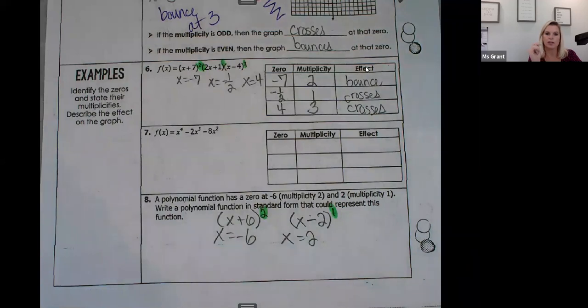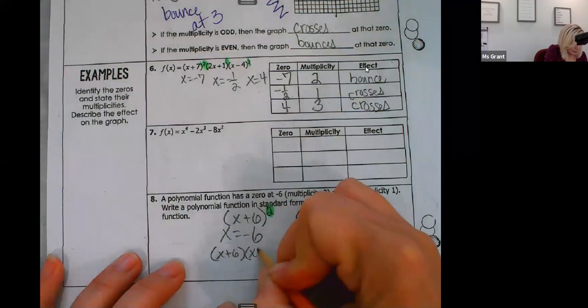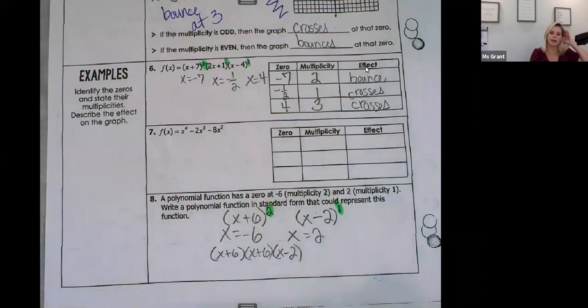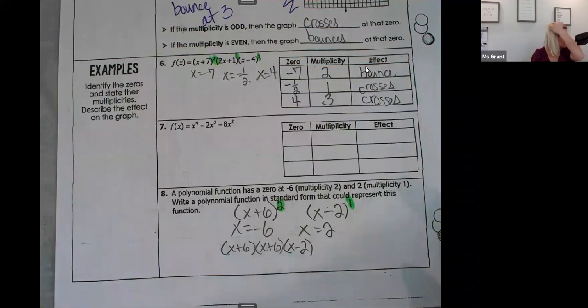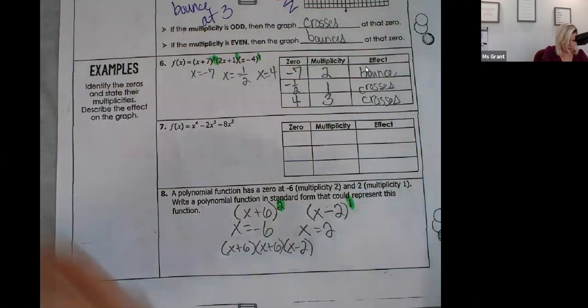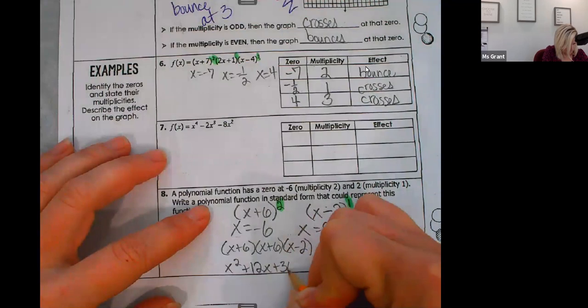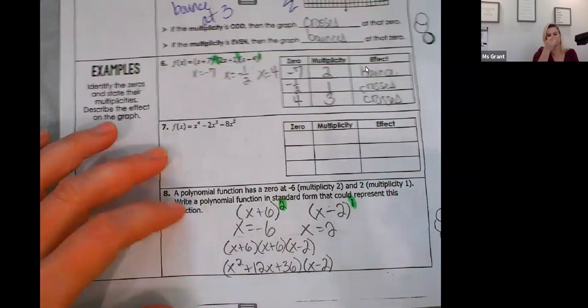Write a polynomial function in standard form. You need to do this. X plus 6, x plus 6, x minus 2. And you need to multiply it all out. So I will do that. X plus 6 squared is a perfect square trinomial. X squared plus 12x plus 36. Right?